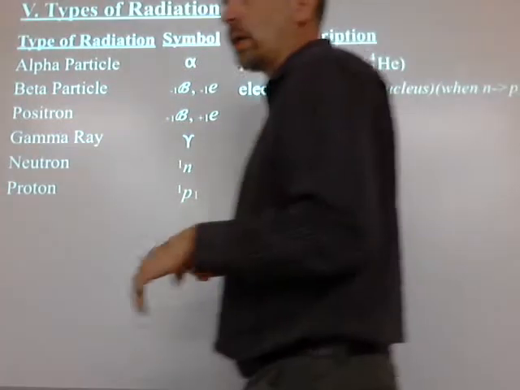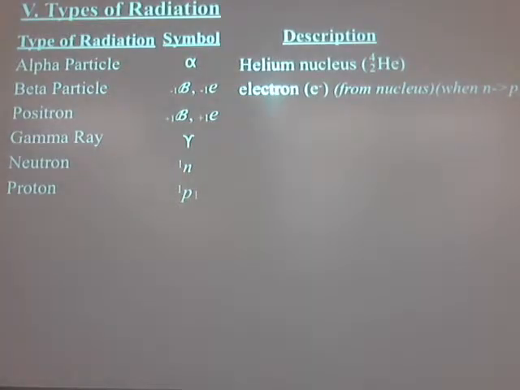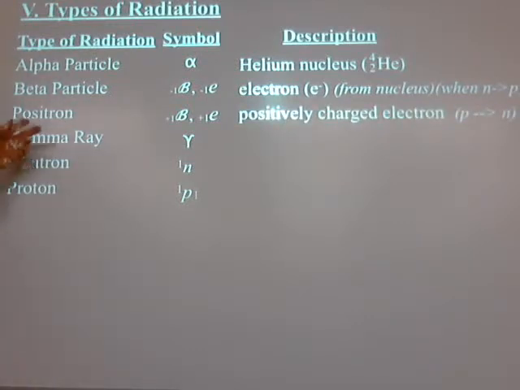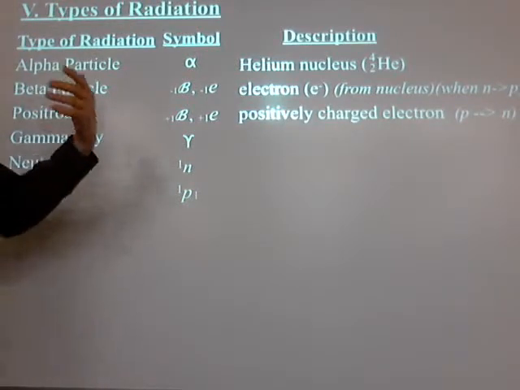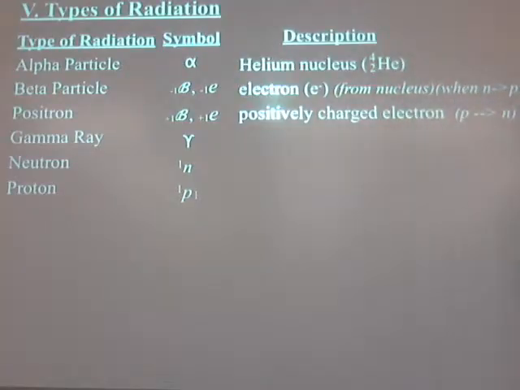When a neutron is converted into a proton, it does give off an electron. And hence the charge, how a proton becomes positive. A positron is basically a positively charged electron, and that's given off when a proton is converted into a neutron, which can also happen as a form of radiation. And you need to write that down.